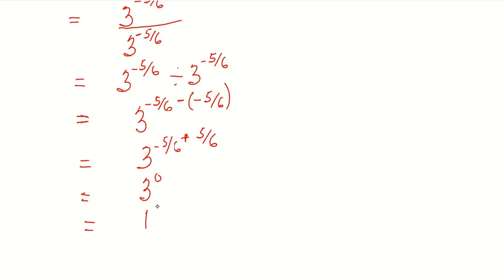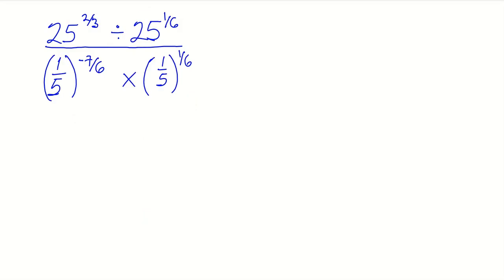And so we take the next example: 25 exponent 2 out of 3 divided by 25 exponent 1 out of 6, all divided by 1 out of 5 exponent negative 7 out of 6 times 1 out of 5 exponent 1 out of 6. In this case, I have to change the 25 so that it has a common base with the 1 out of 5 we see at the denominator.